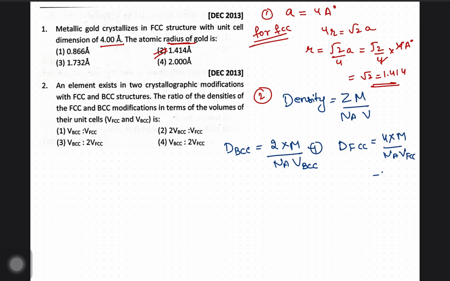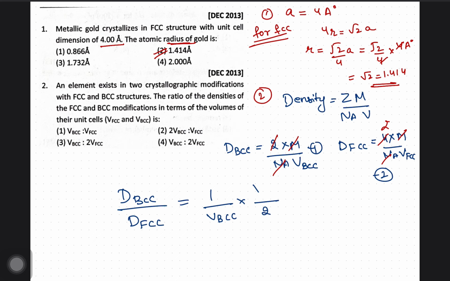Now divide both the equations. Density of BCC upon density of FCC. Now see, this will cancel out. So you will get 2 upon volume of BCC, and for FCC you will get 4 upon volume of FCC, so it is 2 volume of FCC over volume of BCC.